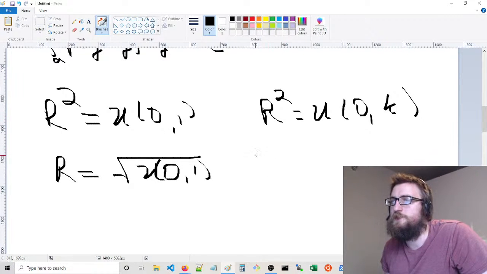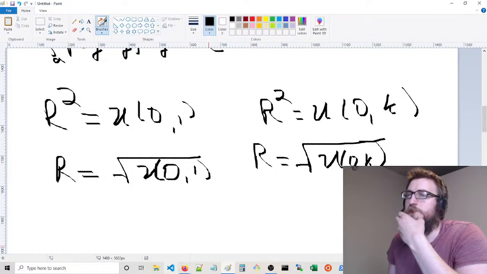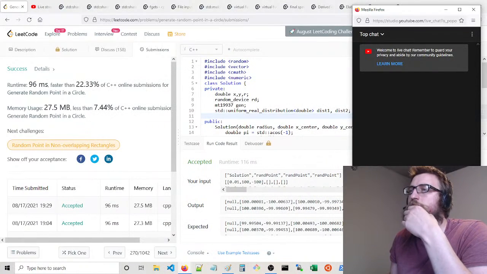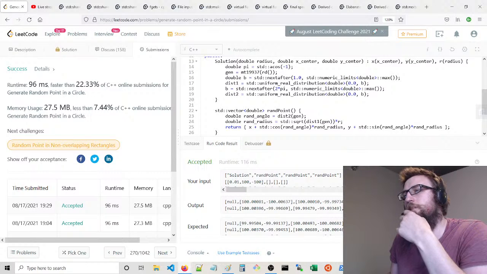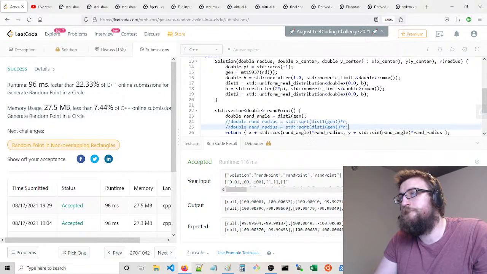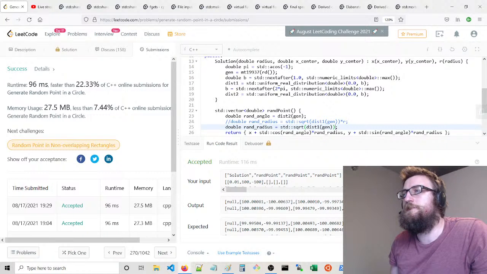Because I thought this might make more sense. I actually wanted to try this before. Actually, why doesn't that work? That's a good question too. It's actually incorrect to do this, what I'm about to do.